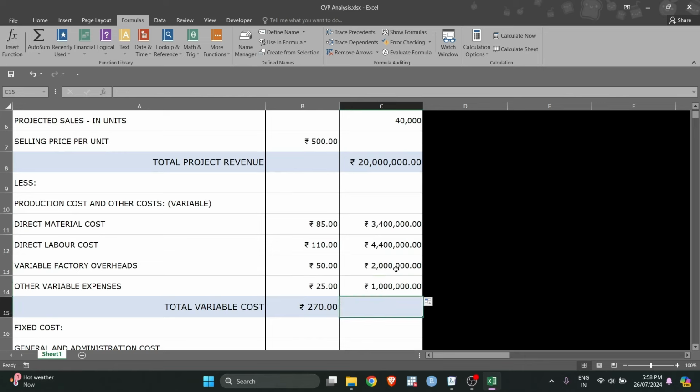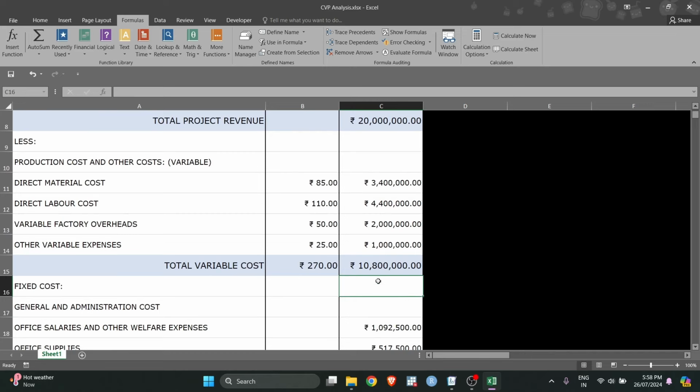One way is I can sum all of these, or another way is the same way, multiplied by sales unit. I could have dragged till here also. So either way I will be getting the same. Let me rename it total variable cost. I cannot have spaces while I am renaming the cell. Total variable cost.